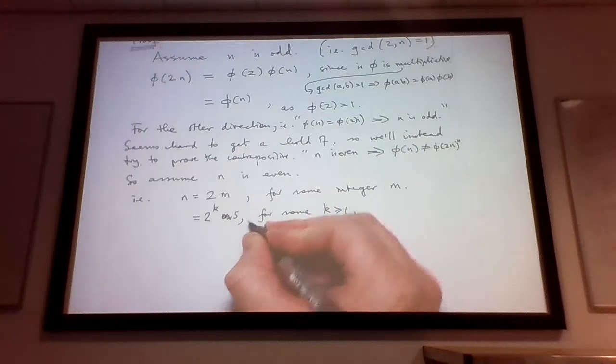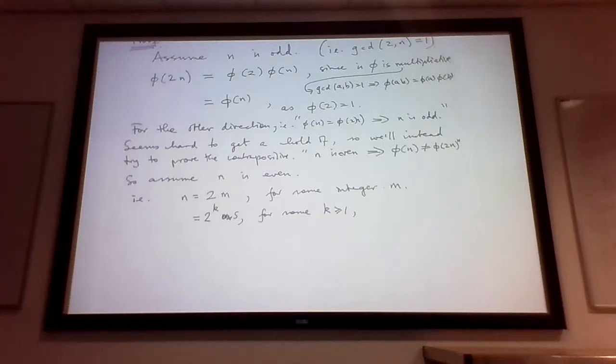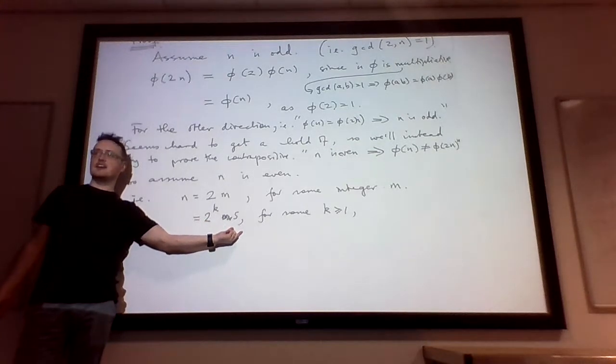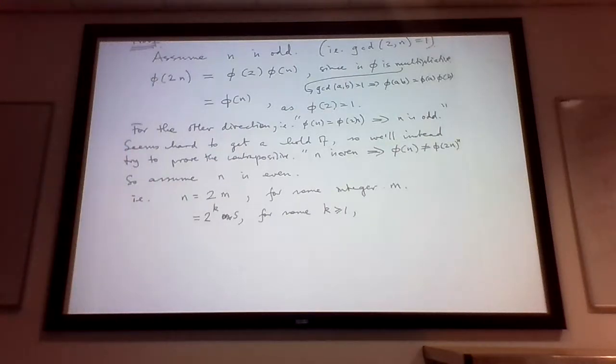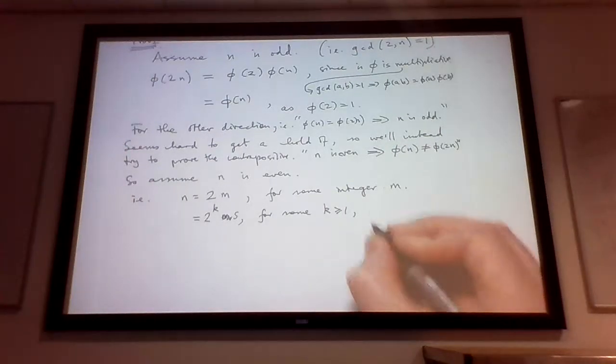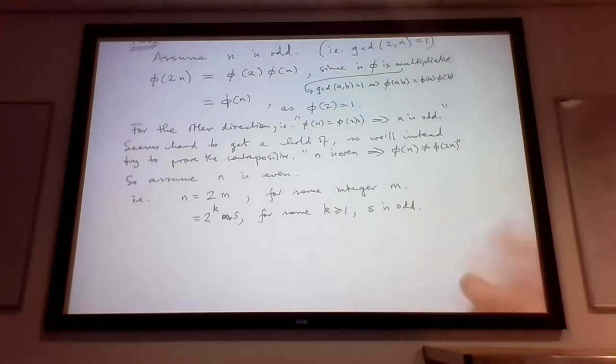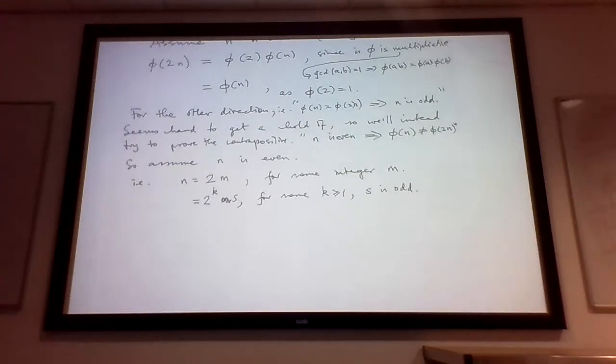And what do I know about this s? If I've taken all the 2's out of n, what property does s have? If you take all the factors of 2 that there are within n, you suck them all out, what's left behind? An odd number. Didn't see who said that, but it's correct. s is odd.